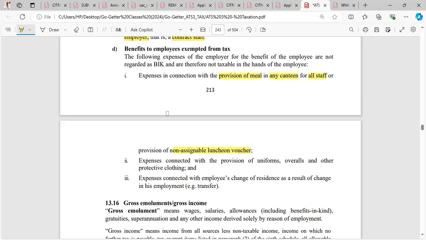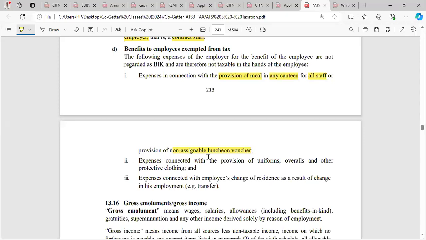So when you are providing meal for all staff in any canteen, as long as you have the evidence of the purchase of this meal and you have it to show as evidence, this is a benefit in kind for your staff. But it will not be seen as income in their hands, and for the employer, it will be a tax exempt expense. So this provision of meal is not seen as income in the hands of an employee.